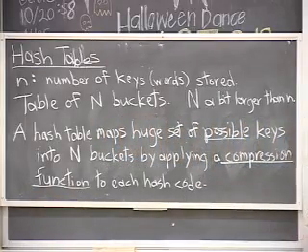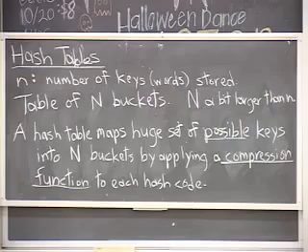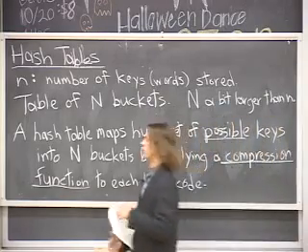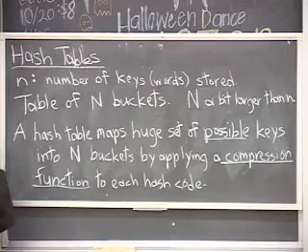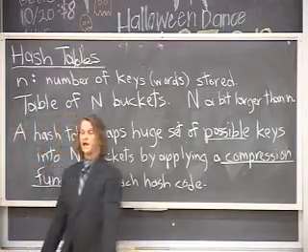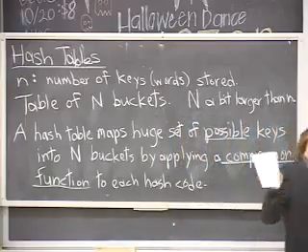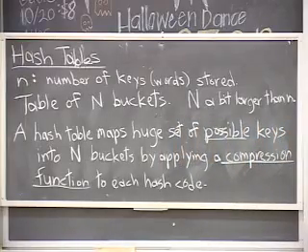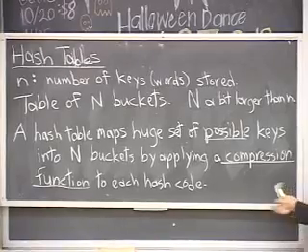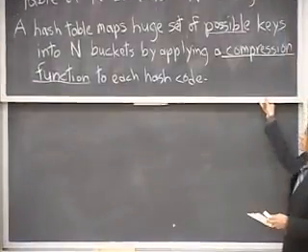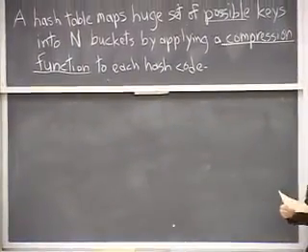So the idea is that if I want, I can still map every possible English word to a number in the range from 0 to 26 to the 45th power minus 1. I can calculate that number. But then I have to compress it down so that I'm not using more than a few million buckets. And, well, there's lots of ways you could do a compression function.